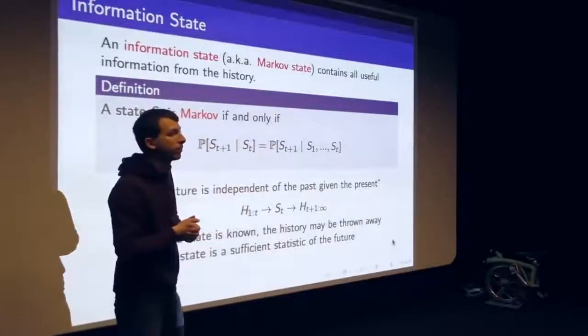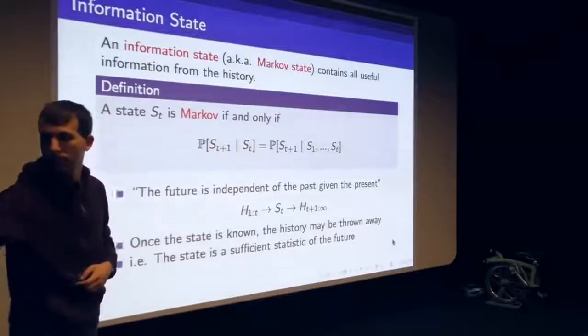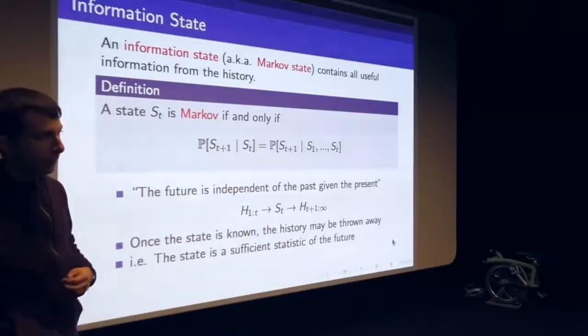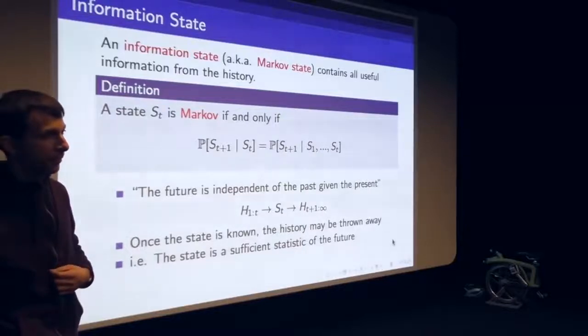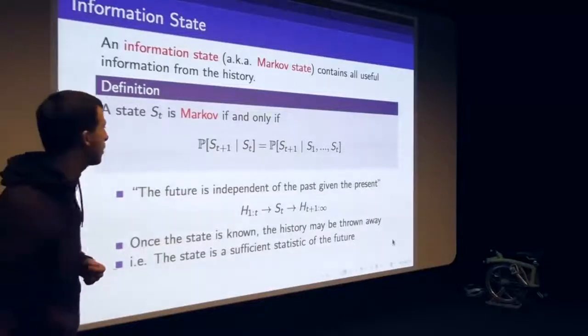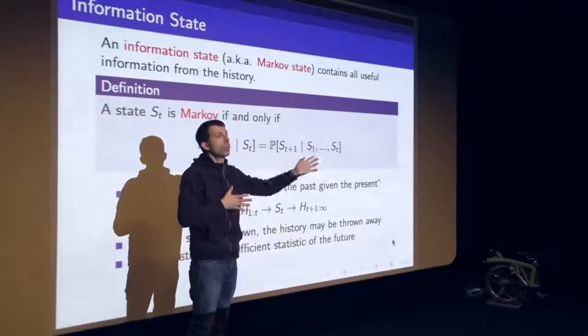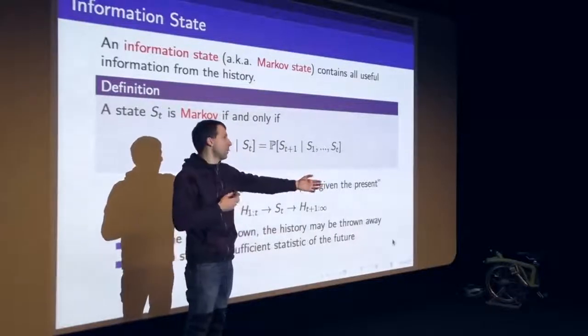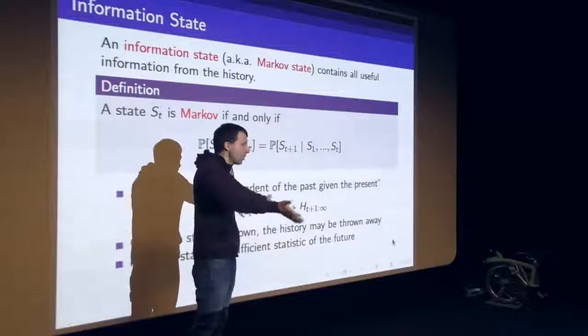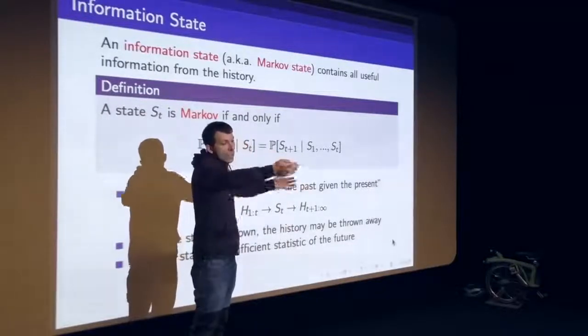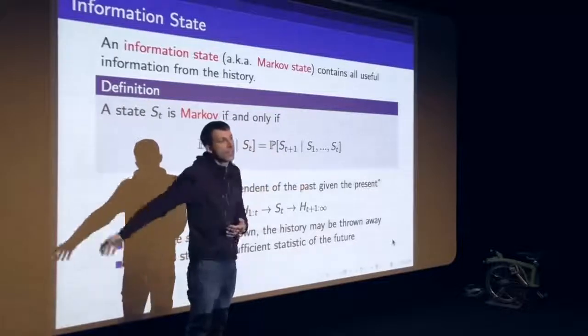Question? I think you said at the beginning that the reward could come many time steps after the observation and the action. How does that reconcile with the fact that you're throwing everything away except the previous time step? That's fine. All we're saying here is that everything we can say about the future, the distribution of events that might happen to us, conditioned on this state, is the same as if we conditioned on the full history.